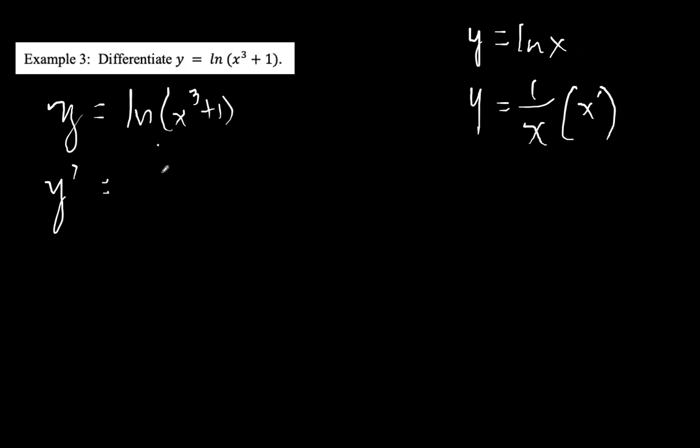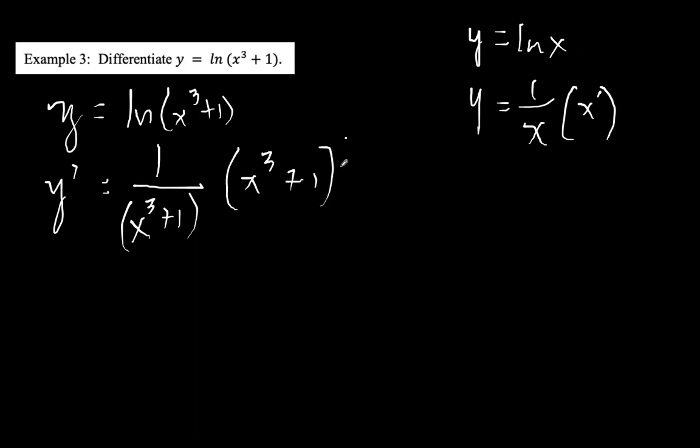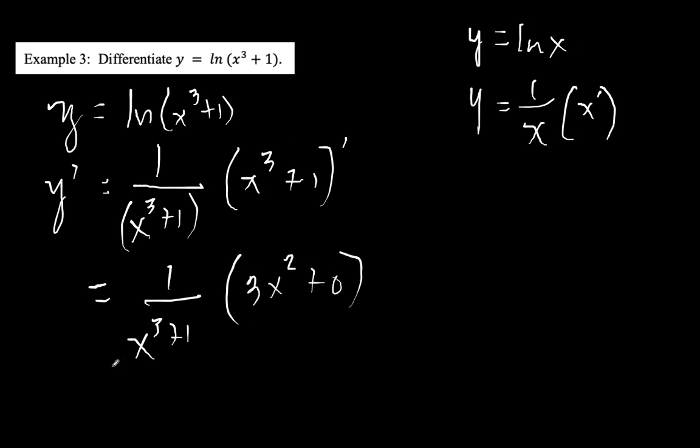This becomes 1 over x cubed plus 1, and we differentiate this, times, what's the derivative of this? That's 3x squared plus 0. So this is equal to 3x squared over x cubed plus 1, which is equal to y prime. All right, so this is our final answer.